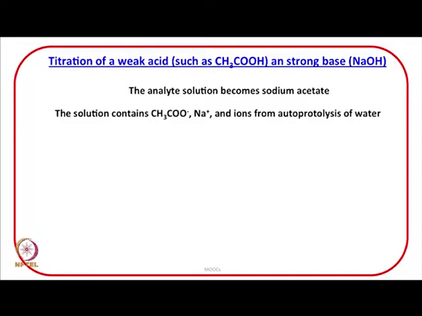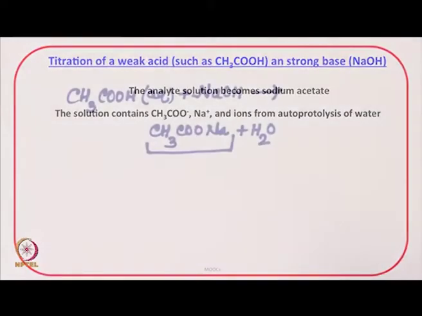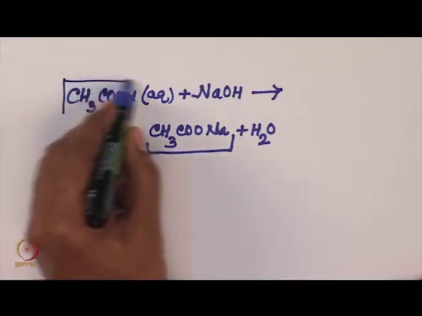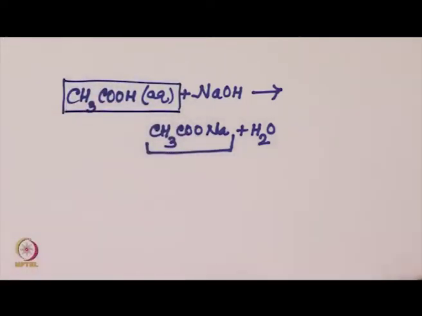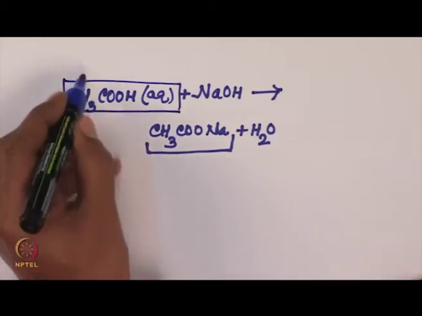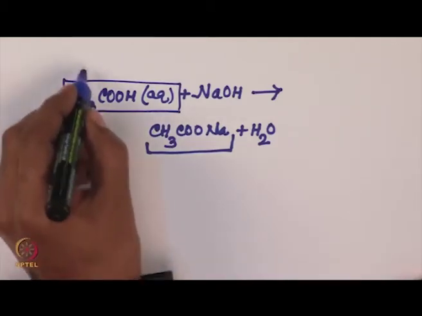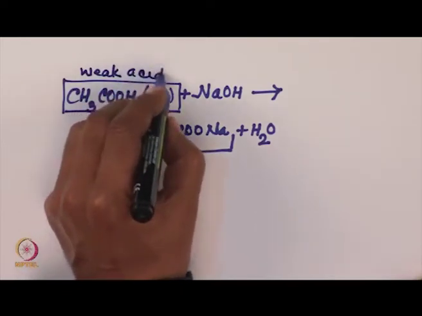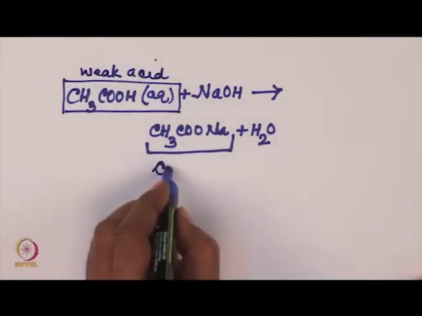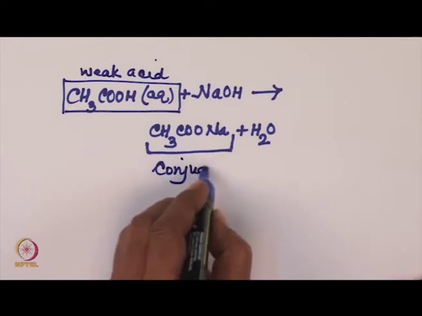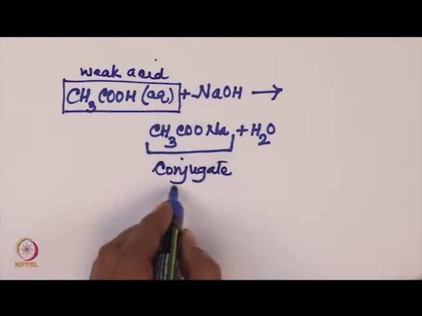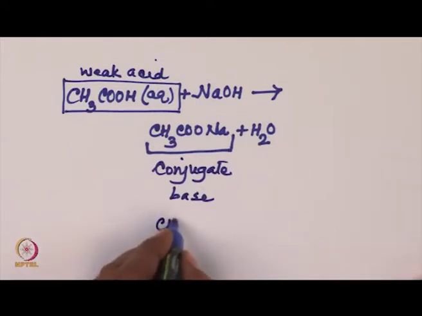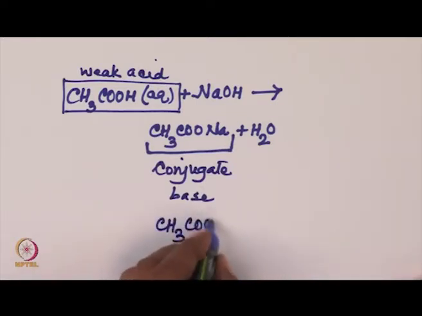So let us go back to this. This is the weak acid, and its conjugate base is acetate ion, CH3COO minus.